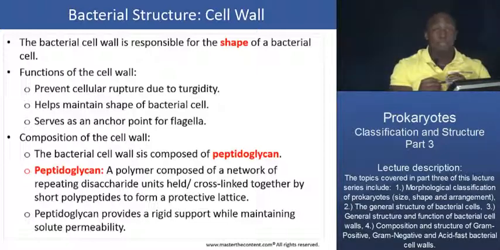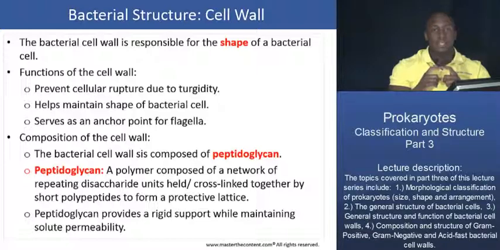Now, why the cell wall is important is, for instance, under conditions of desiccation, under very dry or osmotically intolerable conditions, the cell wall will prevent the cell from either losing too much solute to the environment or gaining too much such that it bursts. So basically what the cell wall helps maintain is the structural integrity of the bacterial cell.